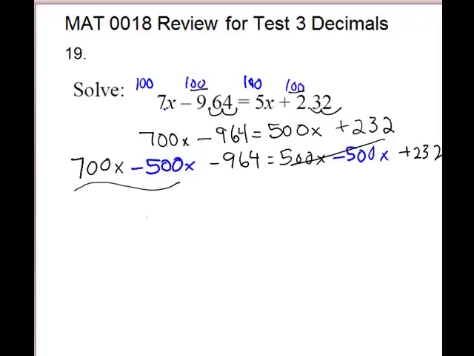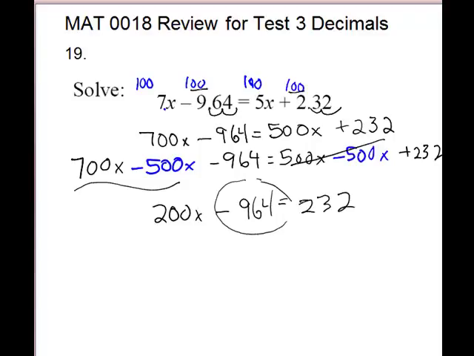On the left-hand side, I get 200x minus 964 equals 232. Now we'll go on the side with the x, and we want to take off that 964. So we're going to add 964 to both sides.